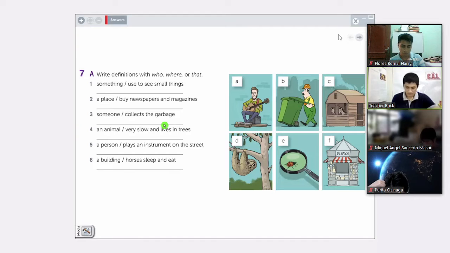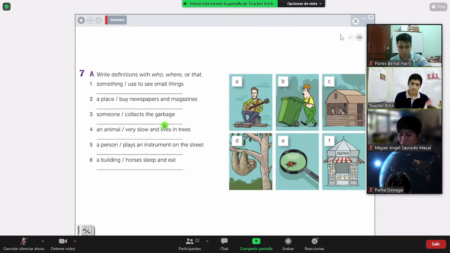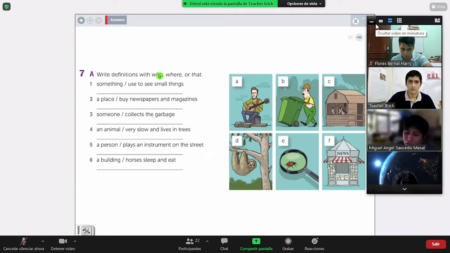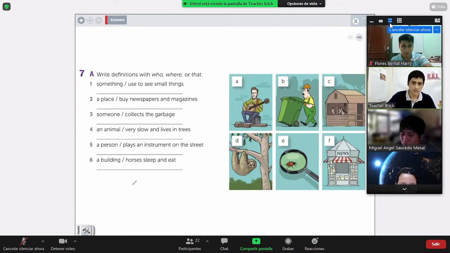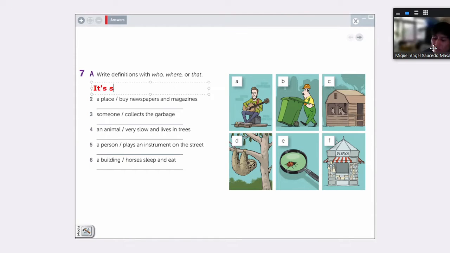¿Cómo ponemos o haríamos una definición? Something used to see small things. It is something, okay. I think that you use. Okay, that you use. To see.